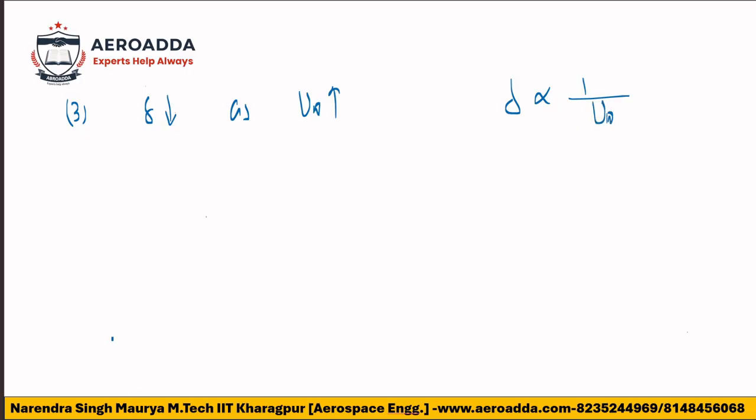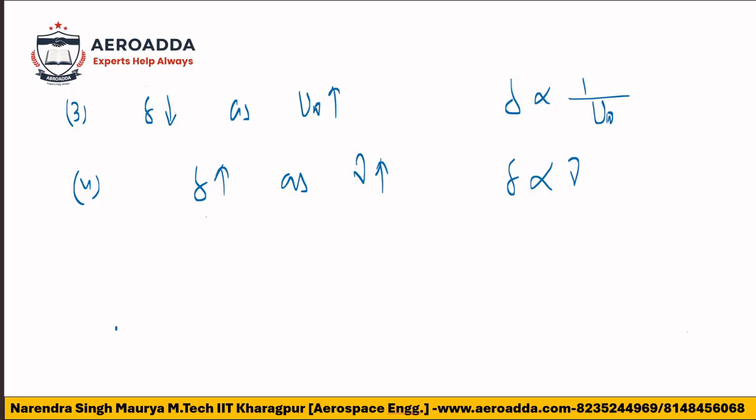Take the formula, you will get it. Fourth point: delta always increases as kinematic viscosity increases. So actually delta is directly proportional to it. Take the formula, you will get it. Whatever the formula I have written, from there only I am writing.